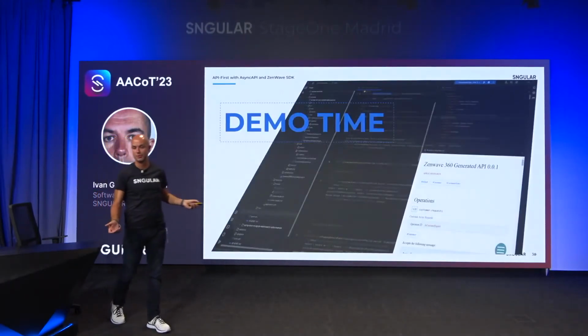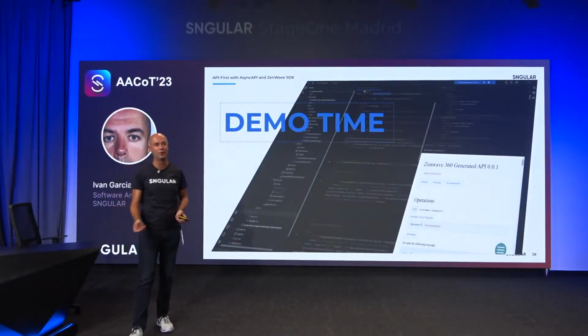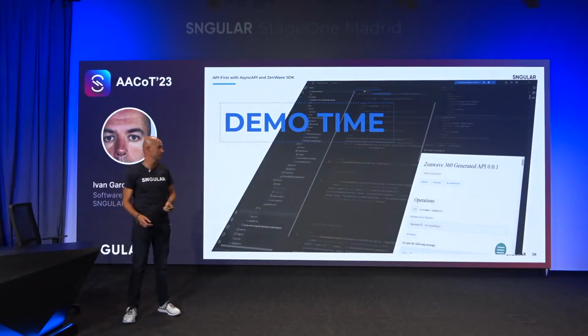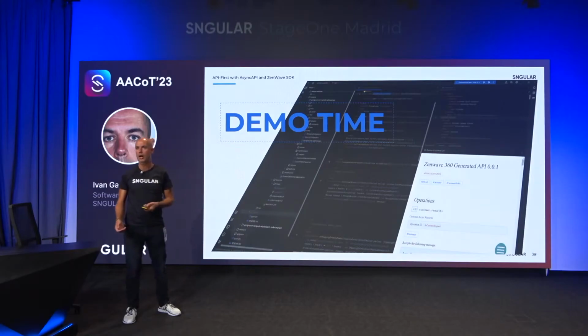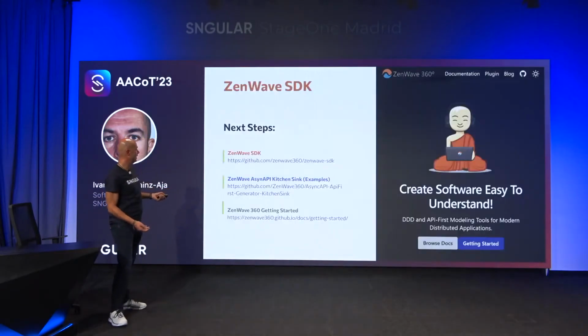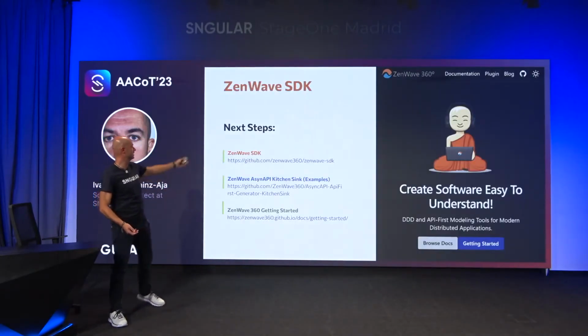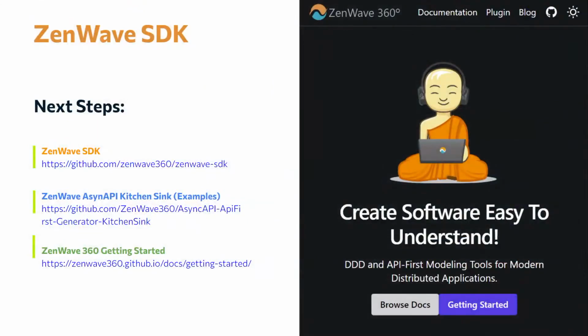Okay, demo time. Today we don't have time for a live coding demo, and I love live coding demos because I prefer to let the code speak. But I hope you get an idea of what ZenWave SDK can do for you. You can go to the ZenWave SDK GitHub page.